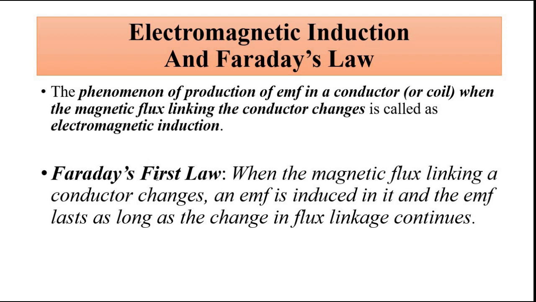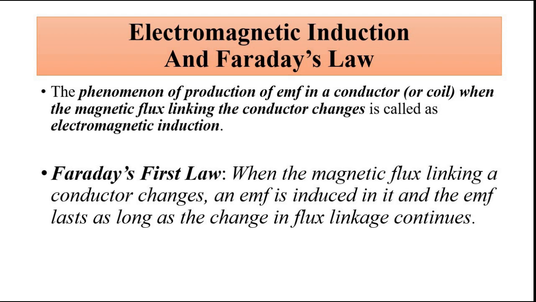Okay, so Faraday's first law simply states the same thing: when the magnetic flux linking with the conductor changes, an EMF is induced in it, and the EMF lasts as long as the change in magnetic flux continues. If there is no change in magnetic flux, there will be no EMF. As long as there is a change in magnetic flux, even if it's by a small margin, the EMF will be there.